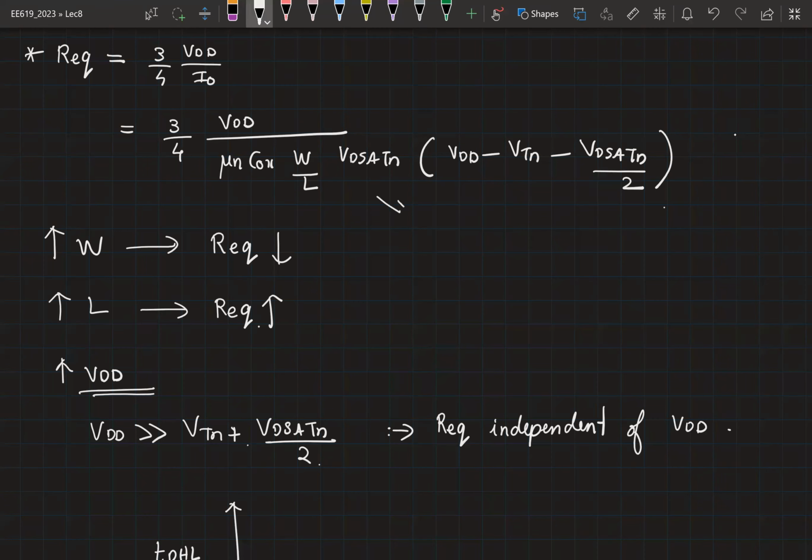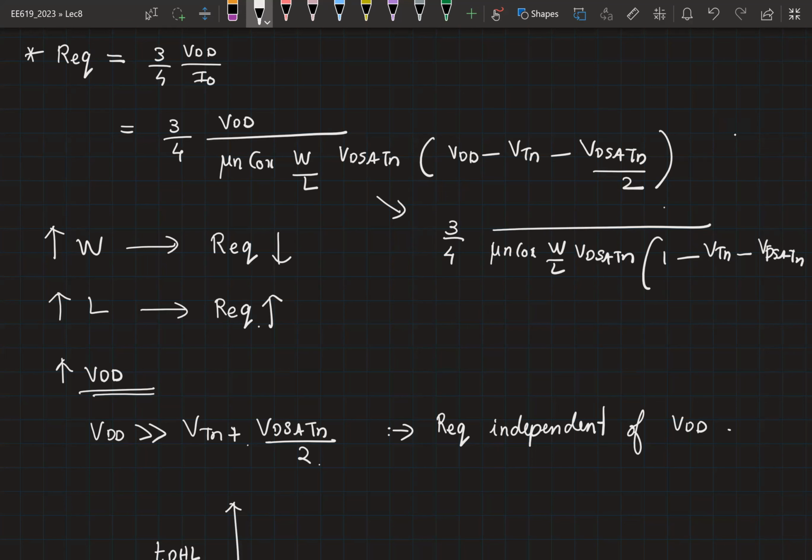So let me quickly rewrite this equation. I divide both numerator and denominator by VDD. So I'll get mu n COX W by L VD sat n into 1 minus VTN minus VD sat n by 2 divided by VDD.